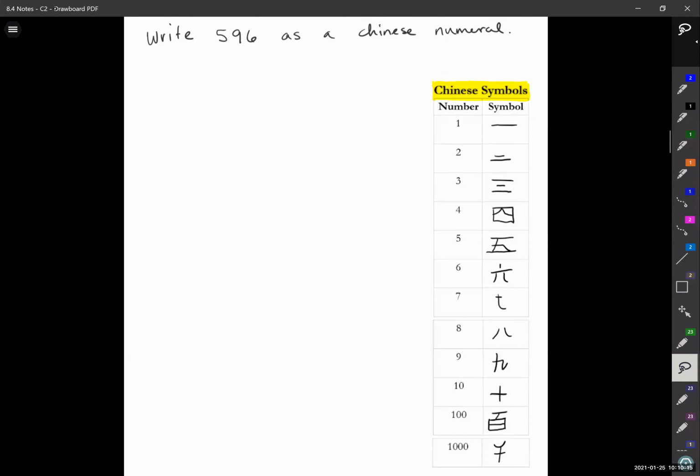Since this is 596, we know we want to show a 5 times 100, 9 times a 10, and then a 6 left by itself. And we'll stack those vertically larger to smaller. So I might start by just saying 500, 90, and then 6.